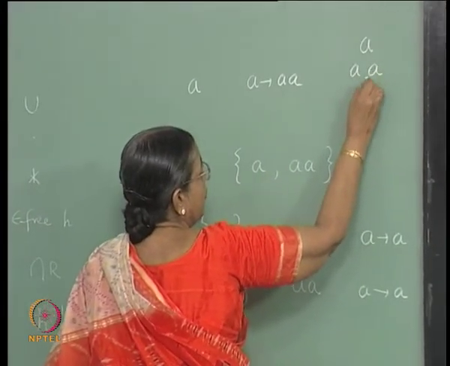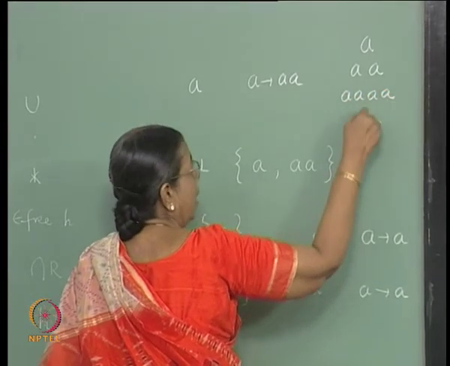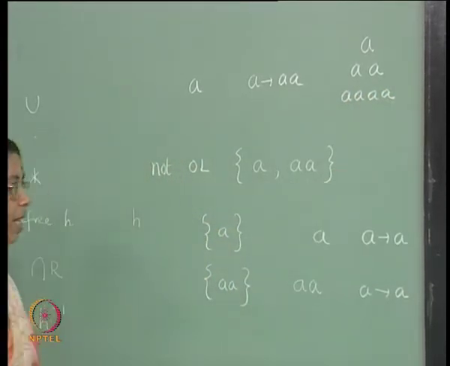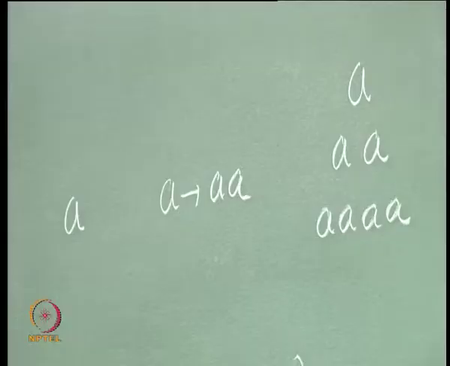I can still use the rule and get AAAA and so on. The language generated will be A power 2 power n and not this. So, this is not possible.